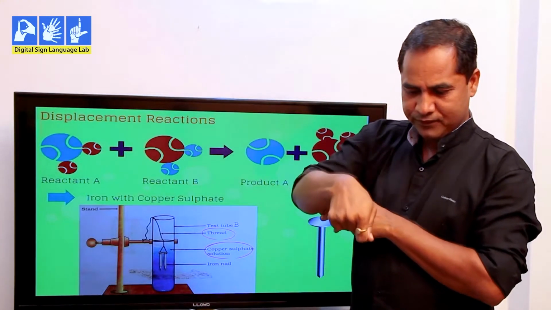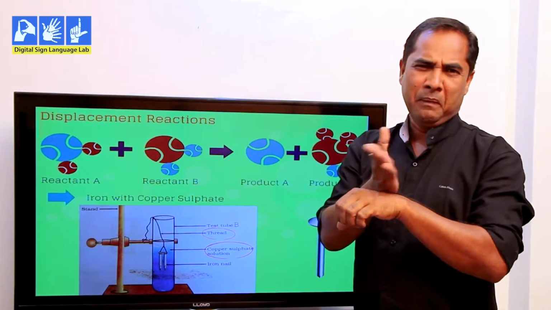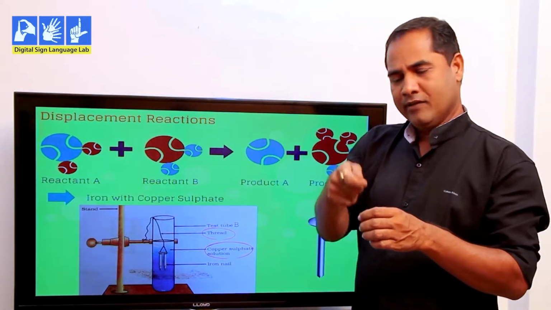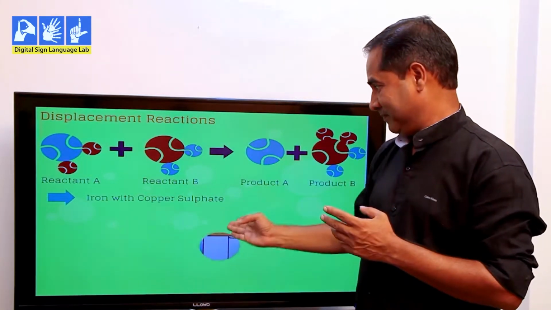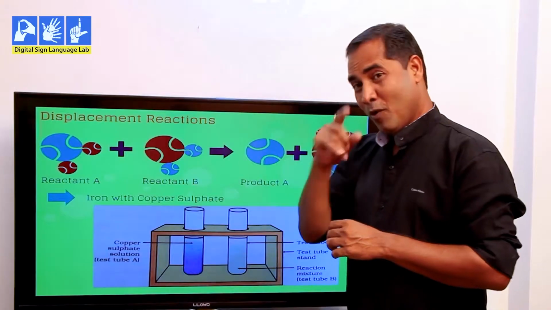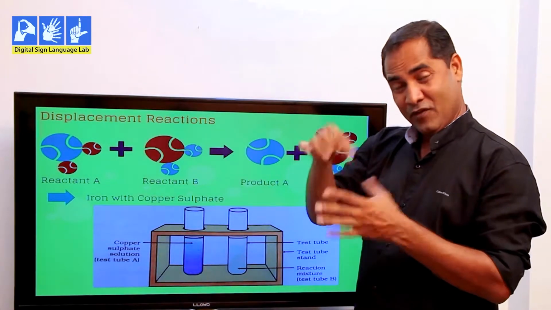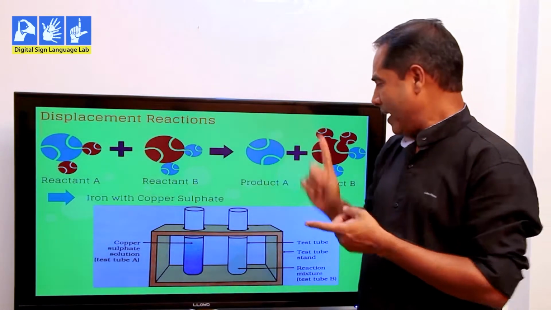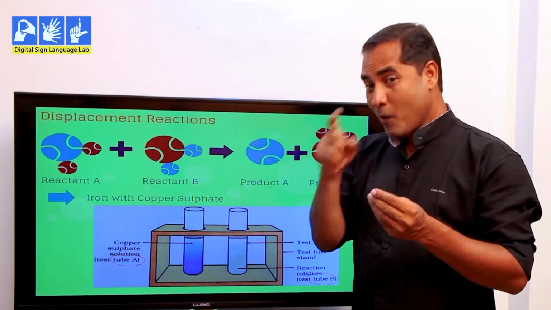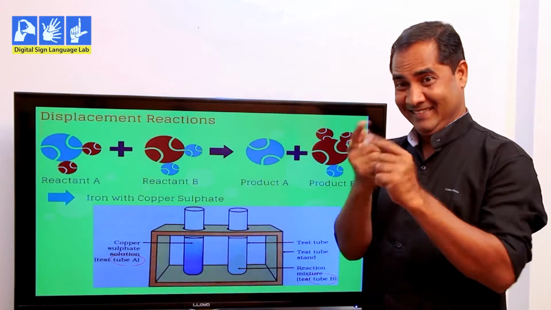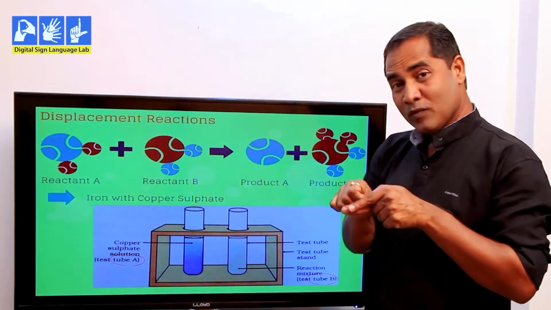And that is the iron nail that you have dipped into the copper sulfate solution, and you wait for a certain time. You would notice that the blue color of the copper sulfate solution becomes transparent. Because of the displacement reaction.